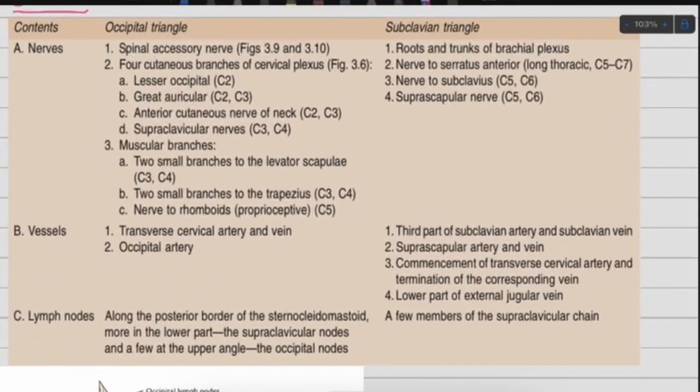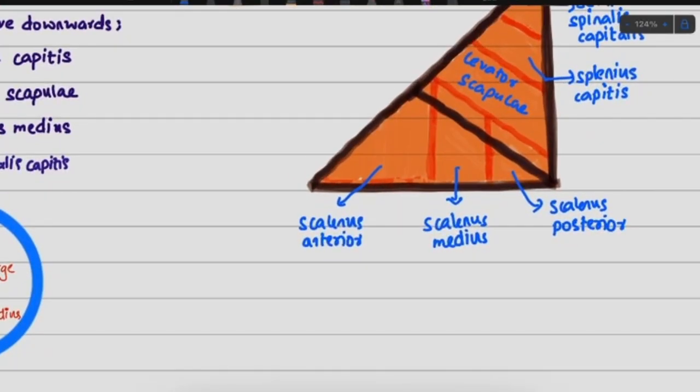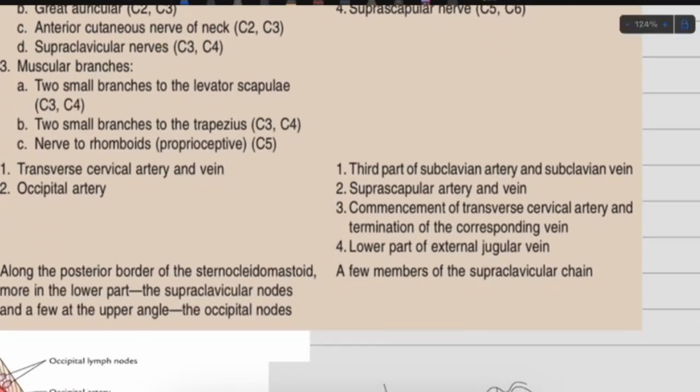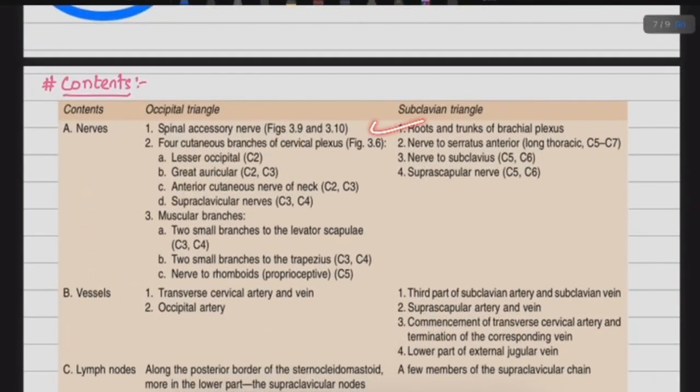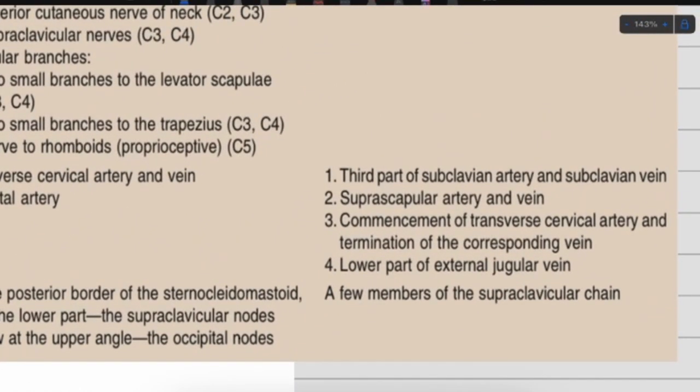And the subclavian triangle: we have discussed that the roots and trunks of brachial plexus emerge in the supraclavicular or subclavian triangle between the scalenus medius and the scalenus anterior muscle, right? So these roots and trunks also become the contents of the subclavian triangle. And here in vessels we have the third part of subclavian artery. This is very important, you need to focus here.